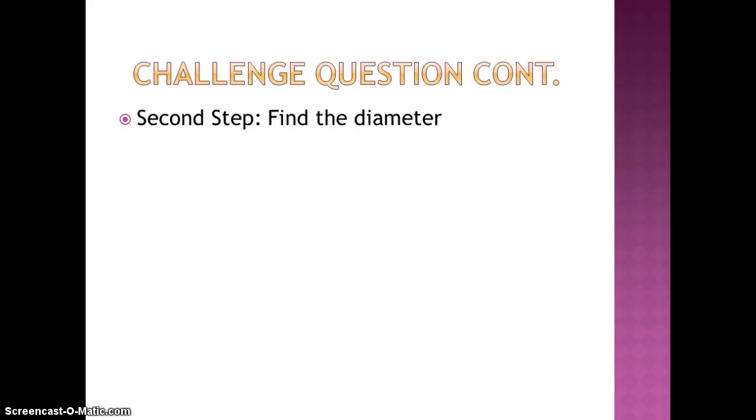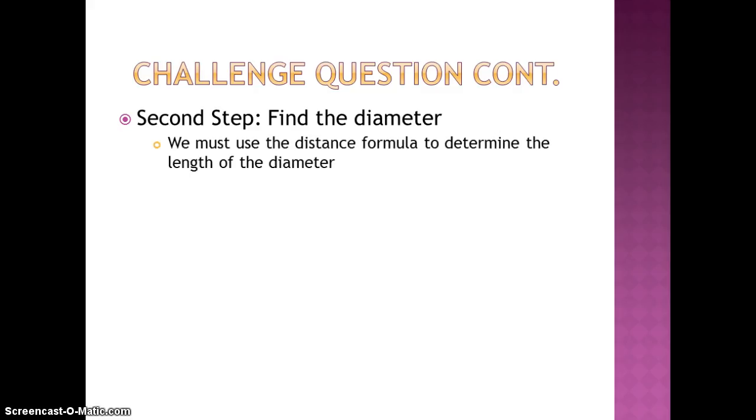Our second step, we need to find the diameter. We must use the distance formula to determine the length of the diameter. So we have the square root of (x1 - x2)² + (y1 - y2)².